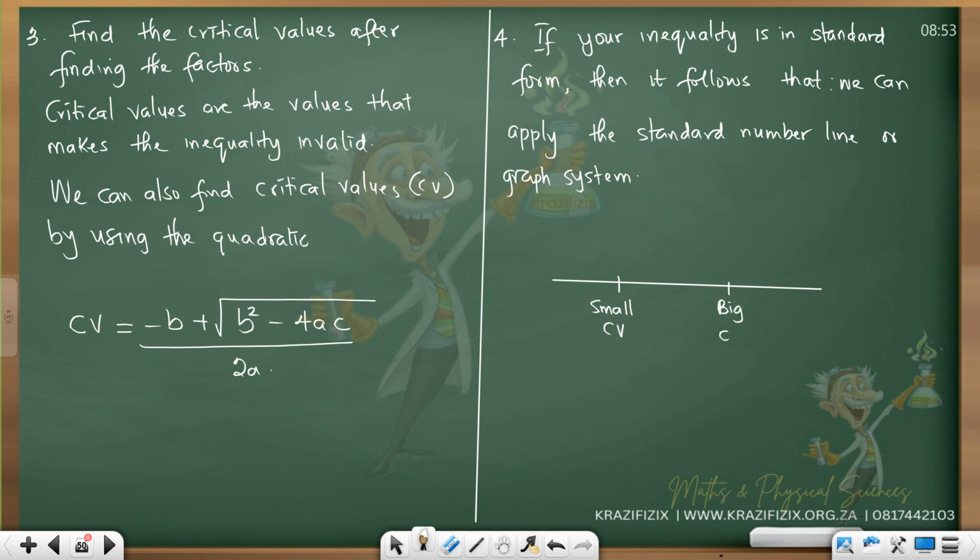Here we have the big CV. Plus, minus, plus.